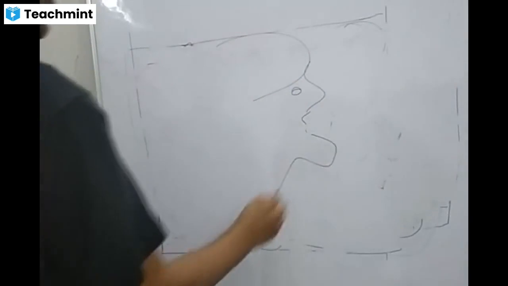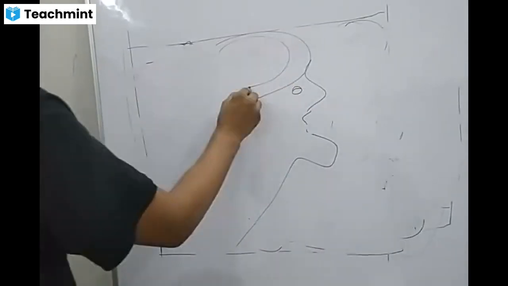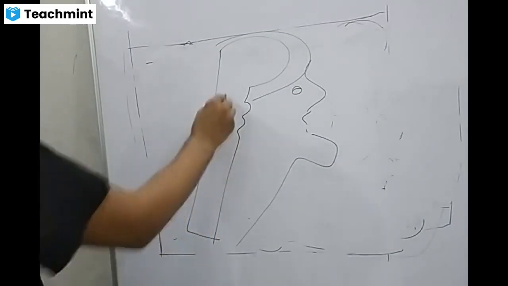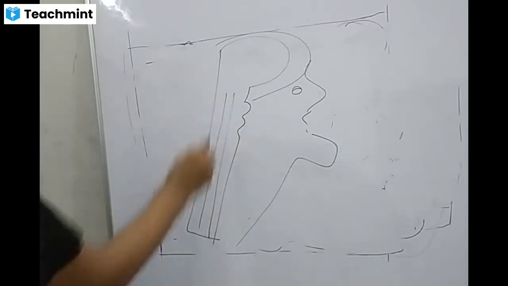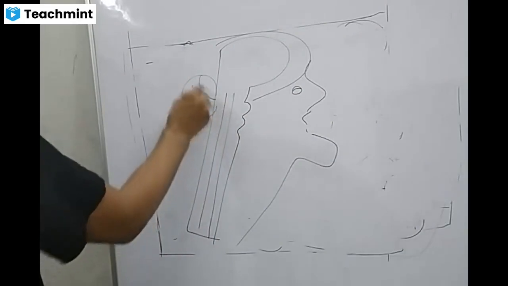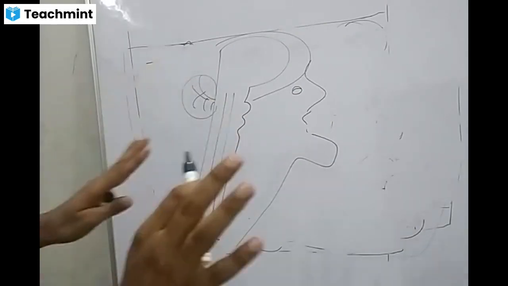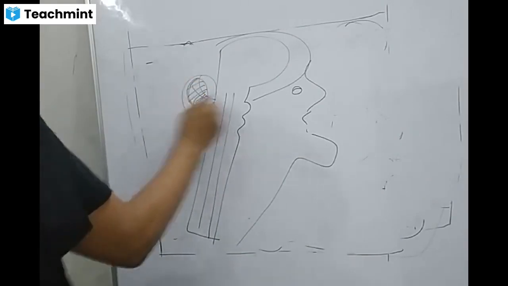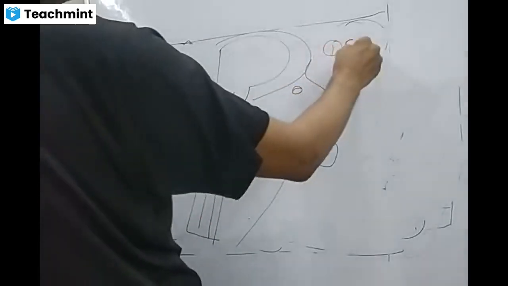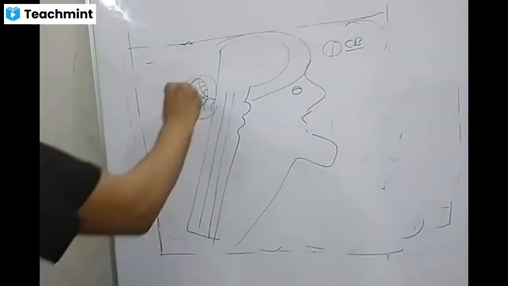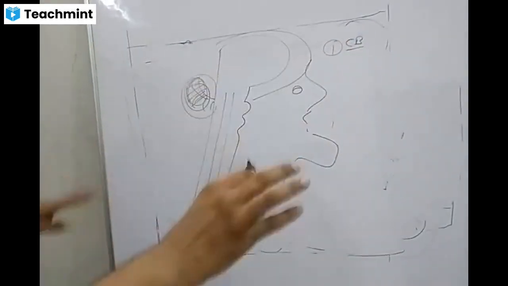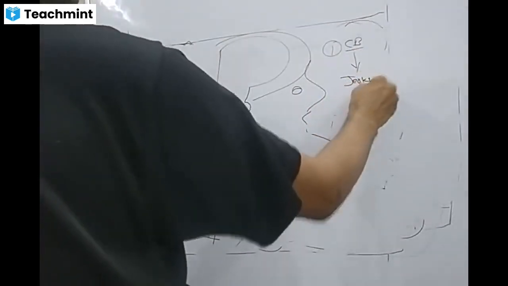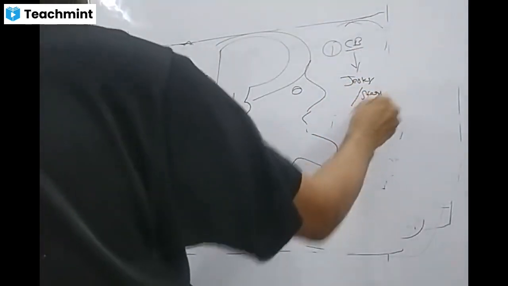this human diagram. Suppose this is the brain. Spinal cord is here, and this is the cerebellum. If the cyst is present in the cerebellum, which controls all our movement activities, that may lead to jerky or staggering gait.